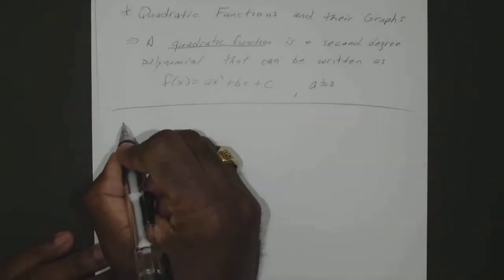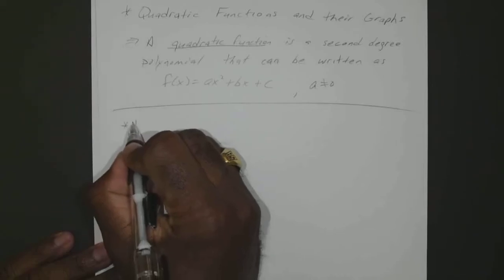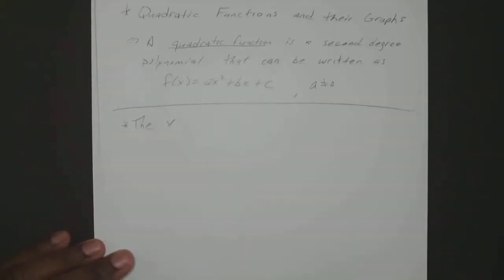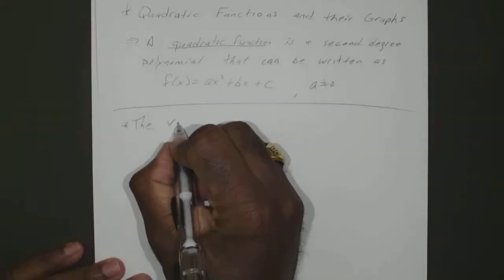Okay. Now your vertex is the maximum or minimum value of your quadratic function.